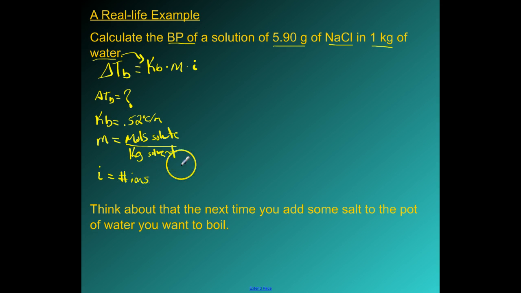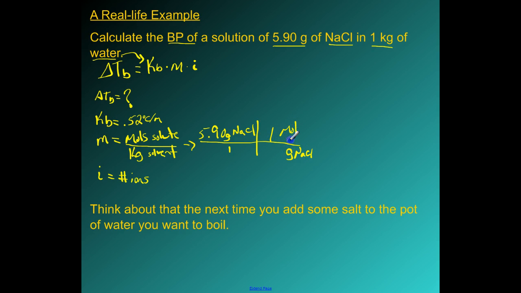To find the molality and the number of ions, we're going to have to do a little bit of work. We need moles of solute, and you see that we're starting with 5.9 grams of sodium chloride, so I need to do a mole conversion. 5.90 grams of NaCl, and we're going to do a simple gram to mole conversion of grams of NaCl to moles of NaCl.